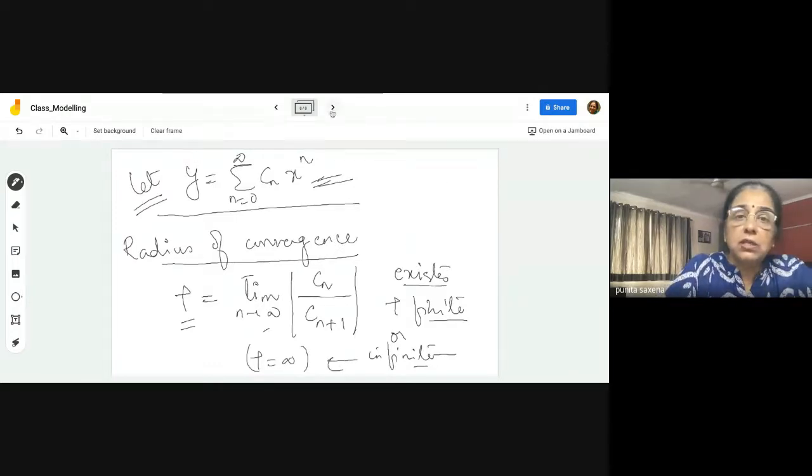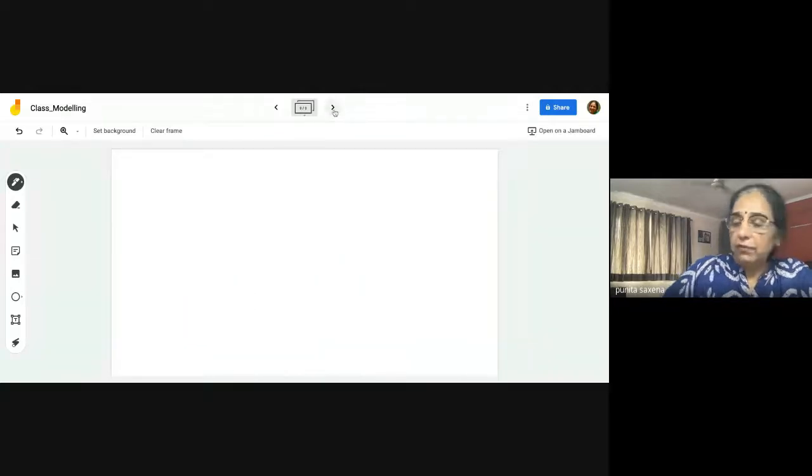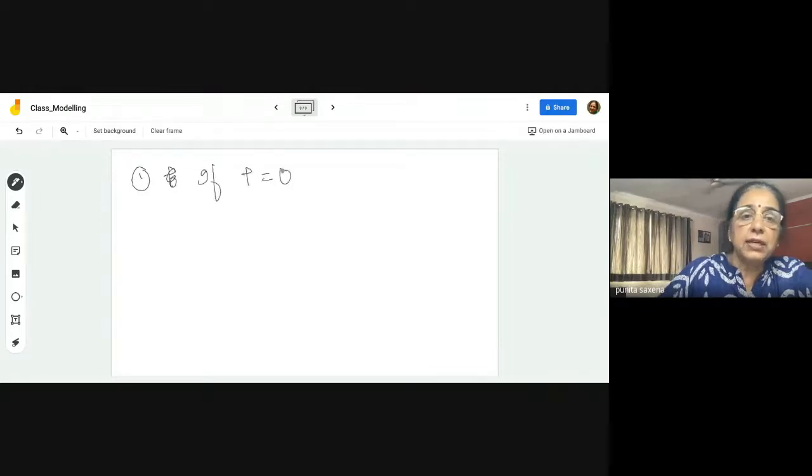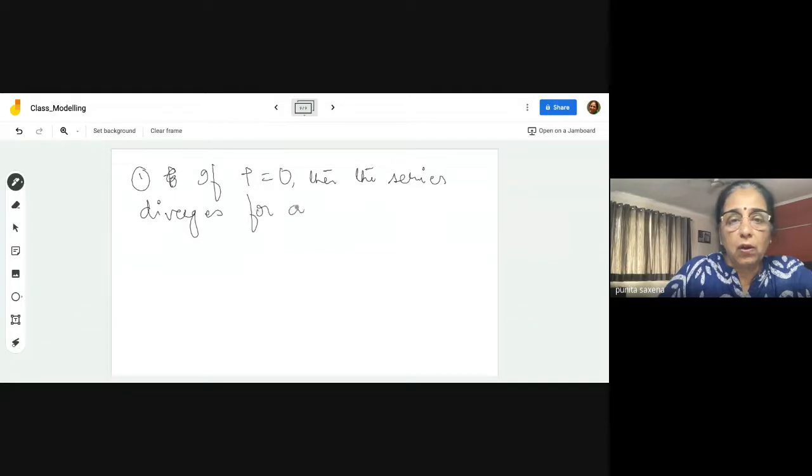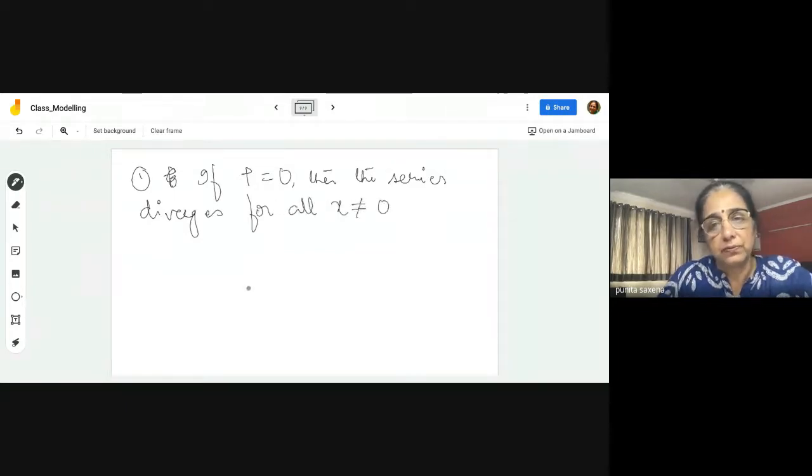Now, just remember this rule. It says that if this limit is 0, that means if rho is 0, then the series diverges for all x not equal to 0.